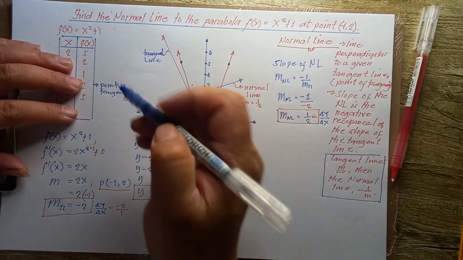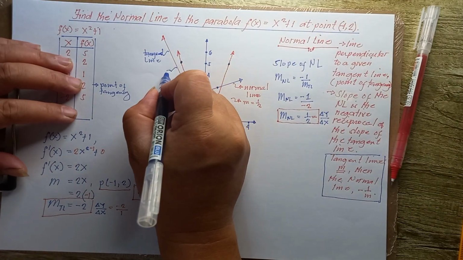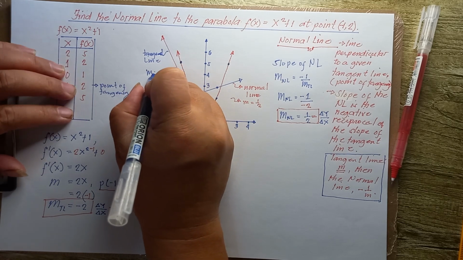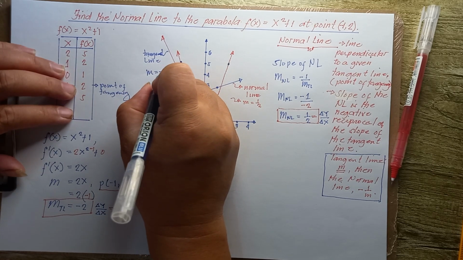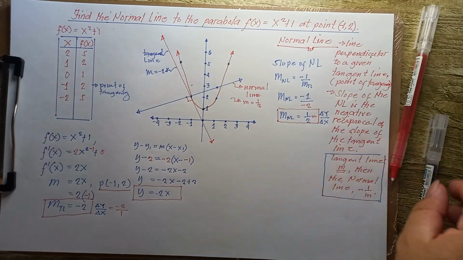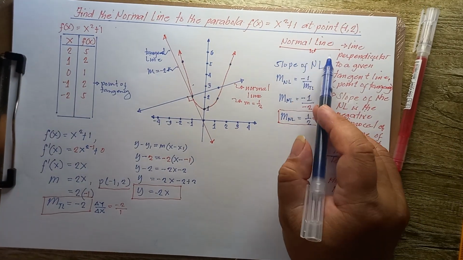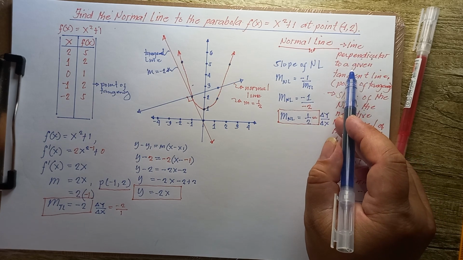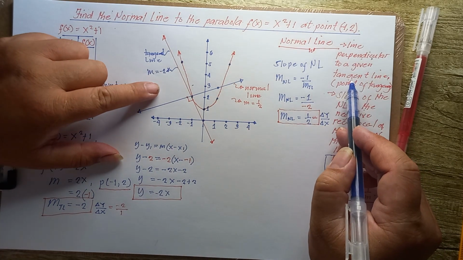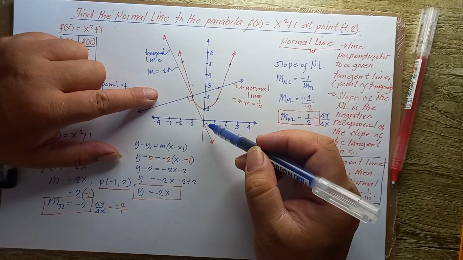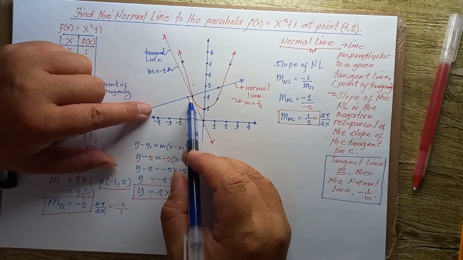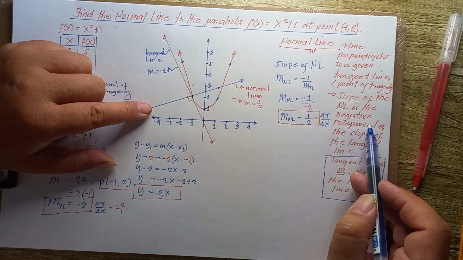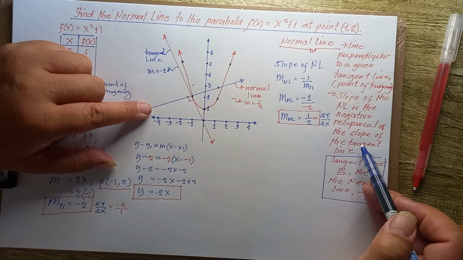Now what about the tangent line? What is the slope? The slope is negative 2. When we define the normal line, it is a line perpendicular to a given tangent line, at the point of tangency. The slope of the normal line is the negative reciprocal of the slope of the tangent line.